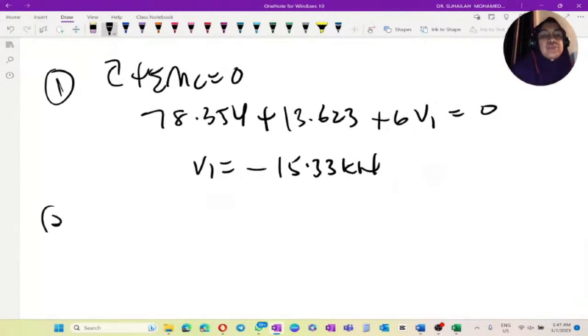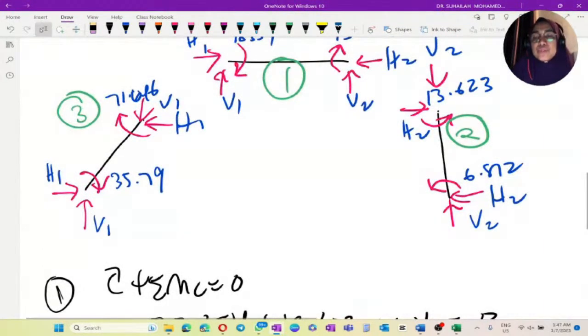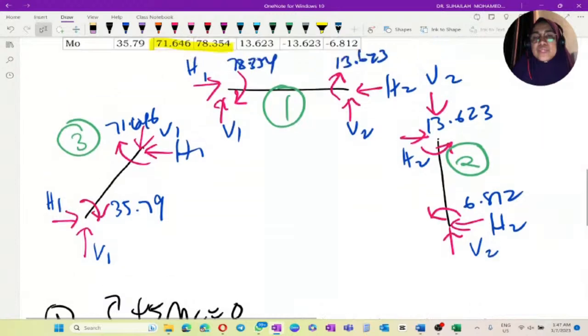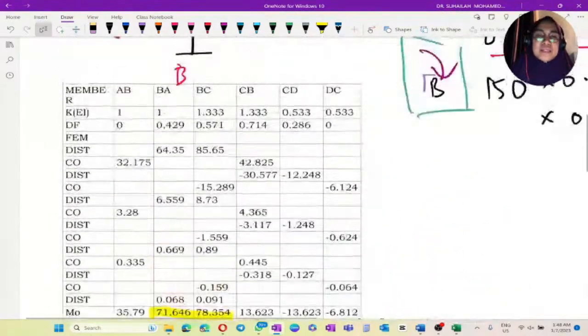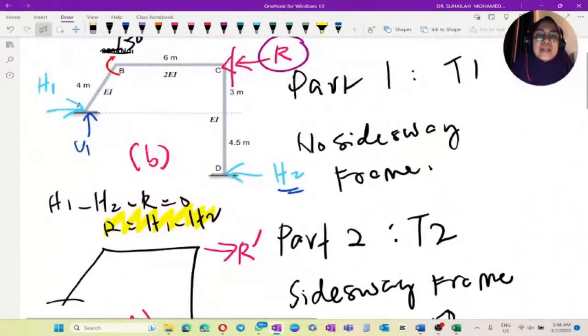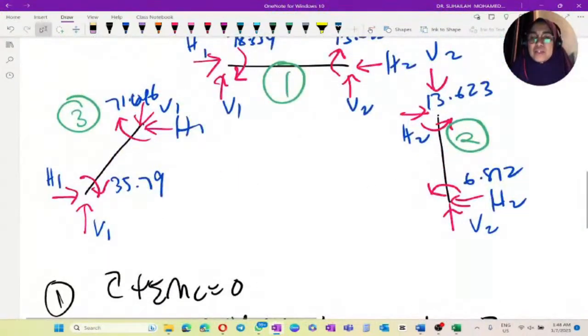Number 2, we want to calculate H2. We analyze number 2. The height is 7.5, so 7.5 times H2.